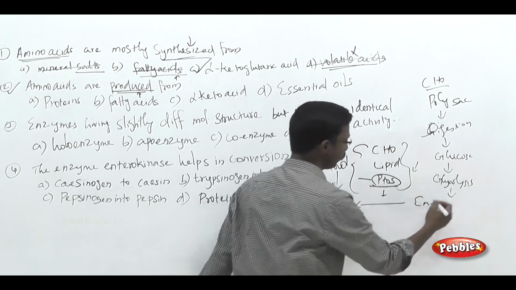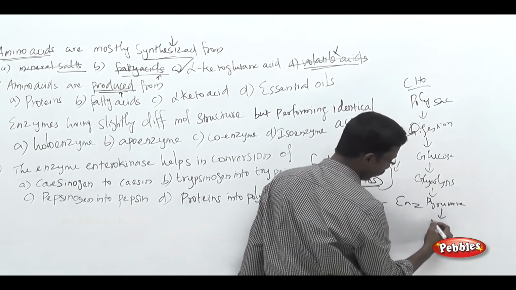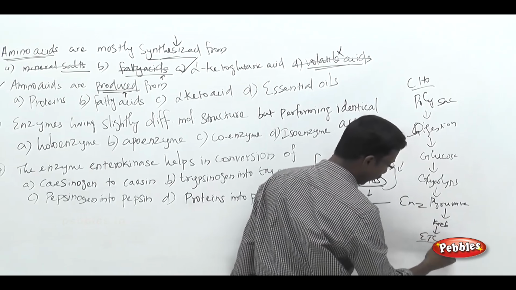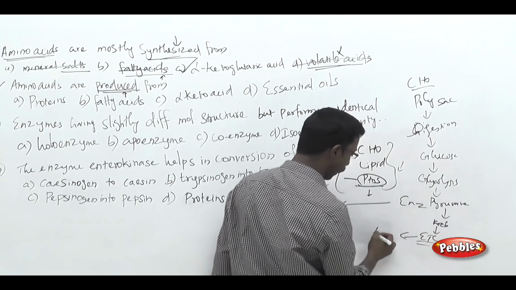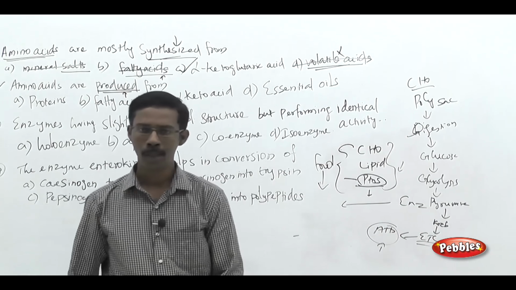So from glycolysis it will produce pyruvate. From the pyruvate it will enter into the Krebs cycle, as I told you. From the Krebs cycle it will enter into the electron transport chain. From the electron transport chain we will get the energy in the form of ATP molecules.